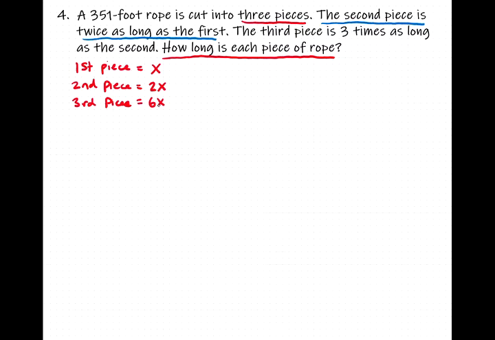Okay, so now we need an equation. And what do we know? We know that the entire piece of rope is 351 feet. And that is cut into 3 pieces. We could say the first piece, the second piece, and the third piece. So the first piece is x feet long, the second piece is 2x feet long, and the third piece is 6x feet long.